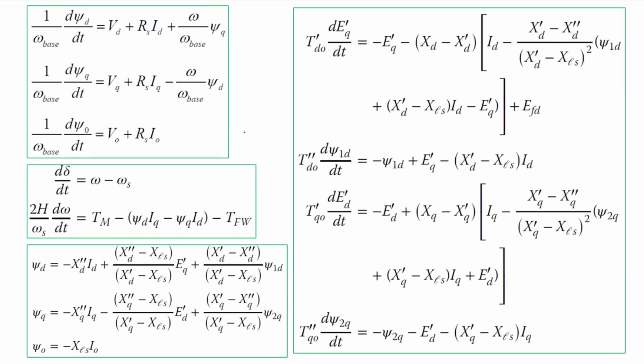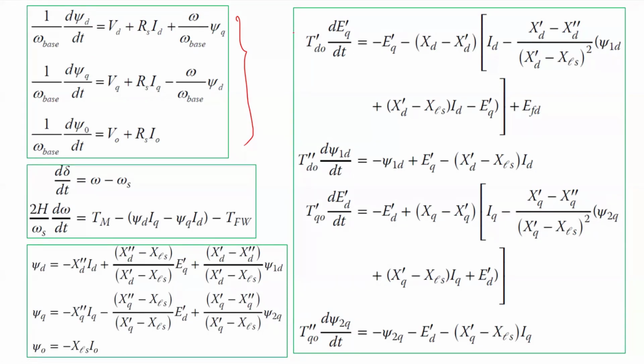You have also been taught the synchronous machine dynamic equations. These are the stator equations, which you have already derived; Siva sir might have derived them, and you have noted all these things.